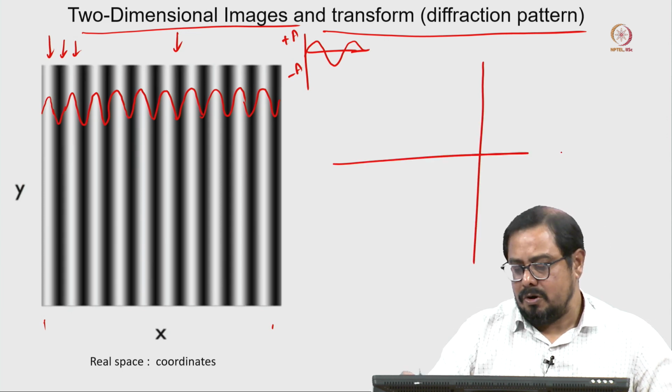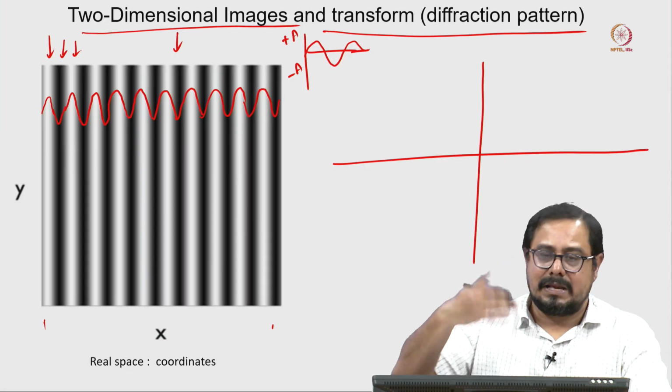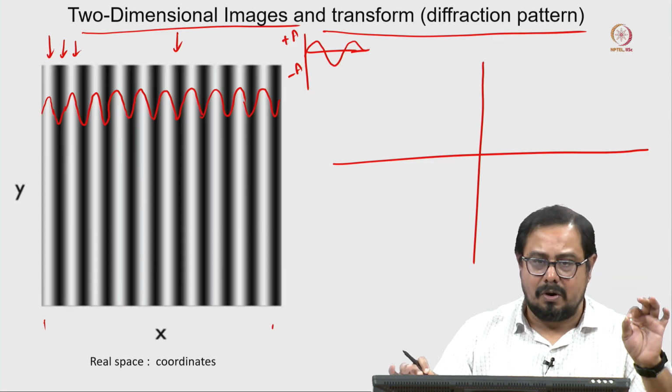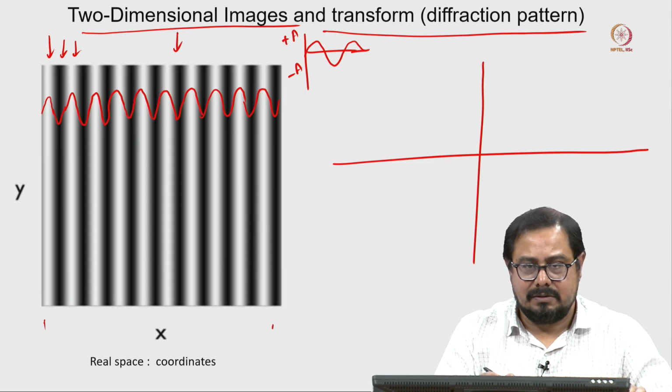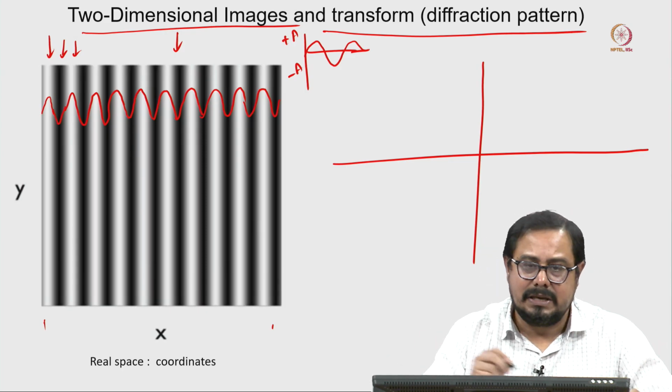As we discussed previously, sine and cosine curves, how they are oscillating, and based on that we plot them. In this particular case, this is a sine curve, and frequency-wise it is 10.